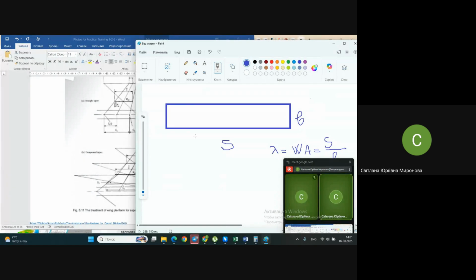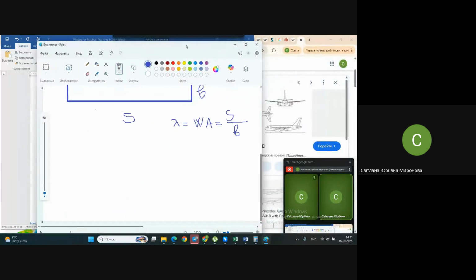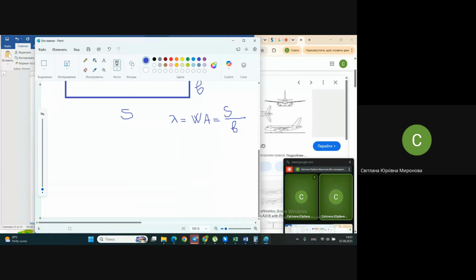Let's say we have a wing of swept shape, with the leading edge line, the trailing edge, the line of the tip chord and the root chord.